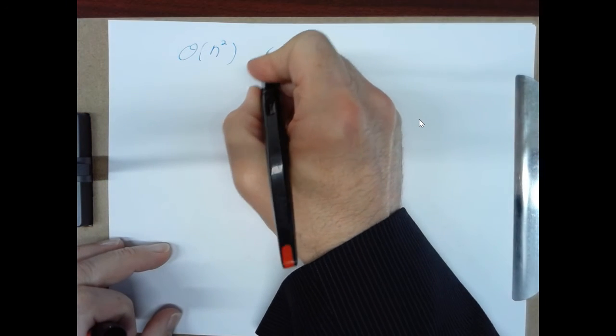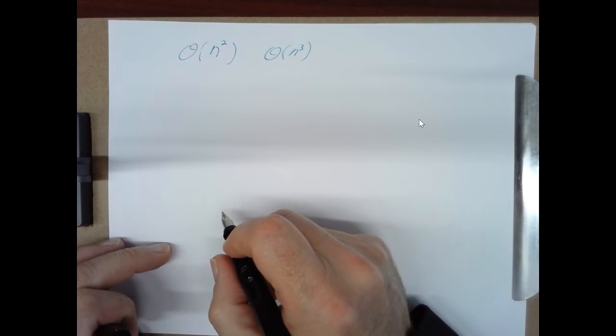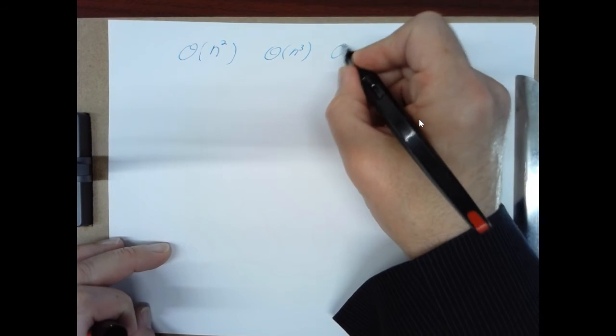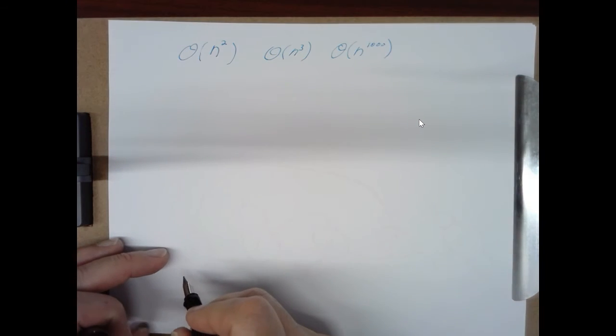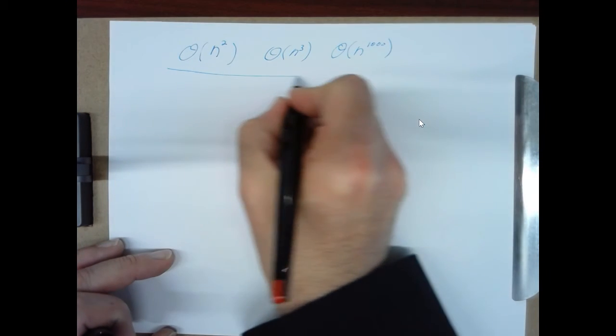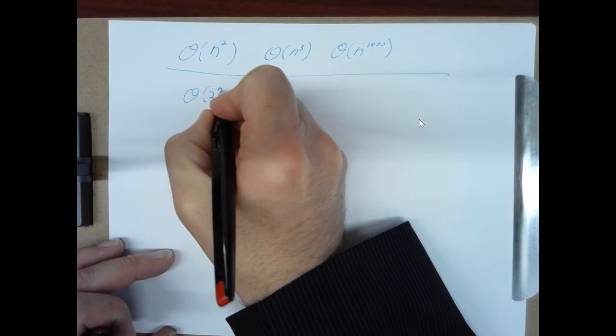Now, order n cubed is even worse. Some matrix operations become n cubed. And order n to the 1000th sounds pretty horrifying. But all of these things are extremely preferable to, say, order 2 to the n.